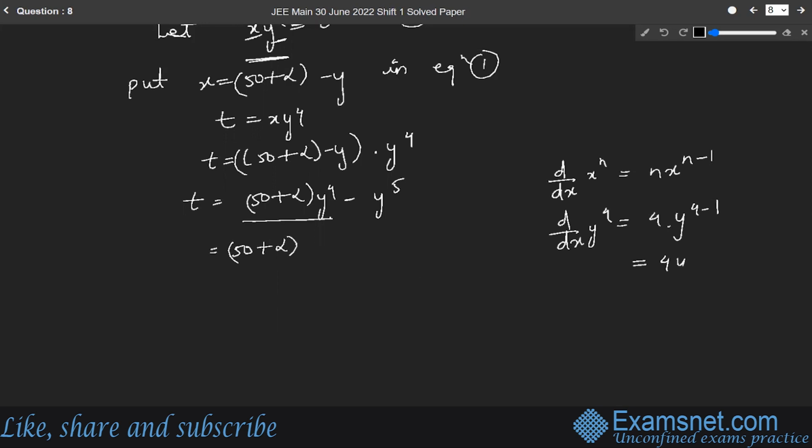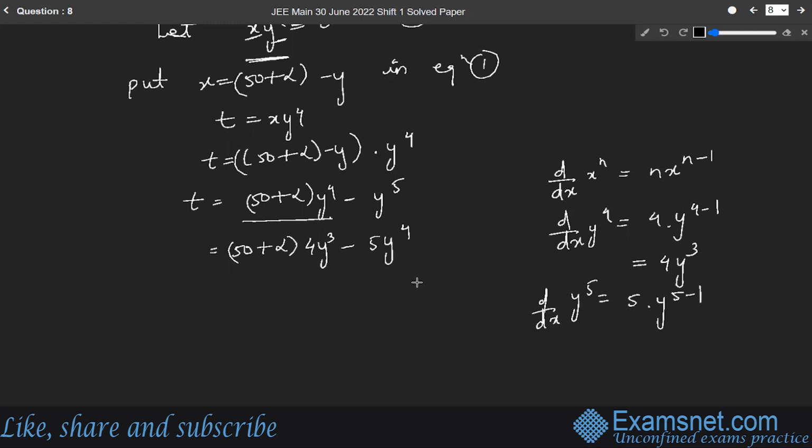So it will be 4 into y cube. So 4y cube minus again d by dx of y to the power 5. What will be d by dx of y to the power 5? It will be 5 into y power 5 minus 1. So it will be 5 into y power 4. So this is the basic differentiation of this term, right?